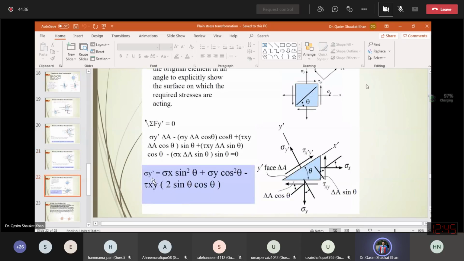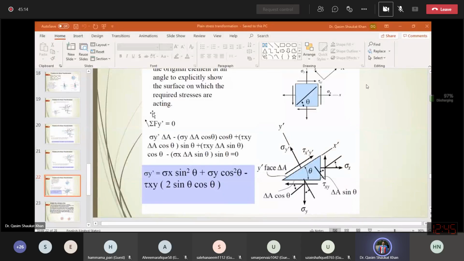Similarly, you can see sigma y dash is equal to sigma x sin squared theta plus sigma y cos squared theta. So you can see sigma x, sigma y, theta, tau xy.